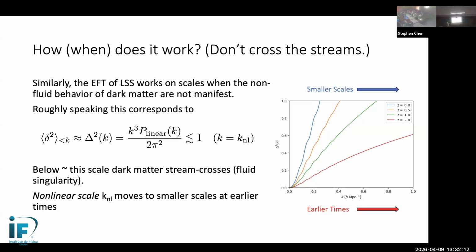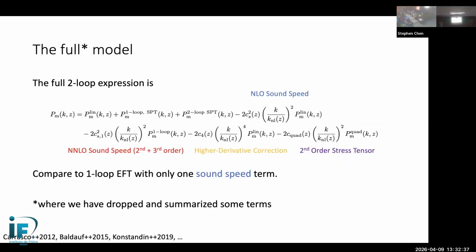So this nonlinear scale k_NL is really the most important thing, which again, as we go to earlier times, is at smaller scales. That's really the key of this picture. And so naively, you see that this is kind of the problem, right? What I want people to have in mind here is that it seems that we're losing a lot of momentum, like a lot of physical scales in our picture, just because we have to really abide by the radius of convergence. That naively seems like a problem.